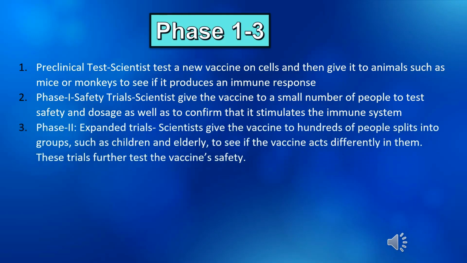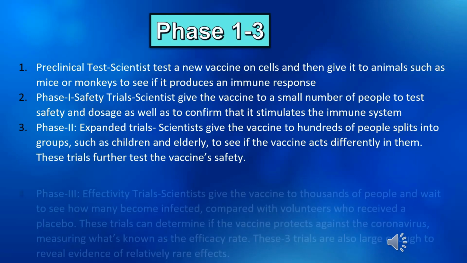Phase 2, expanded trials: scientists give the vaccine to hundreds of people, split into groups, such as children and elderly, to see if the vaccine acts differently in them. These trials further test the vaccine's safety.